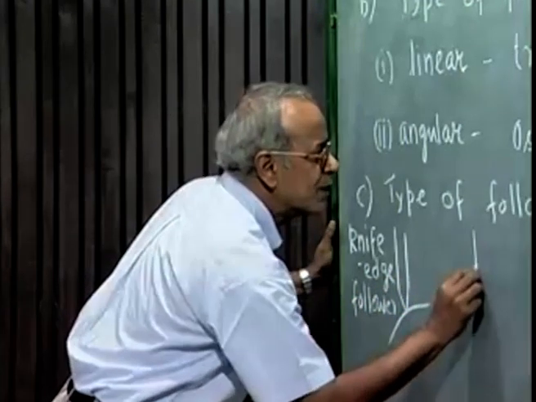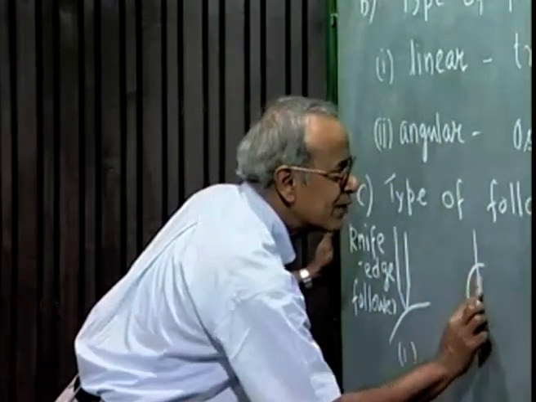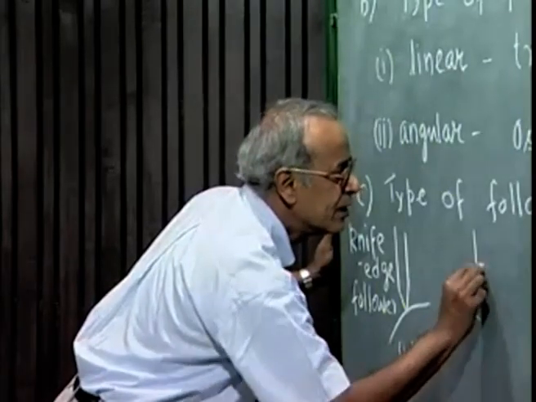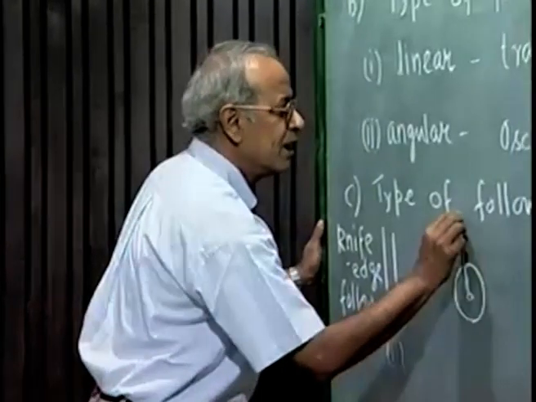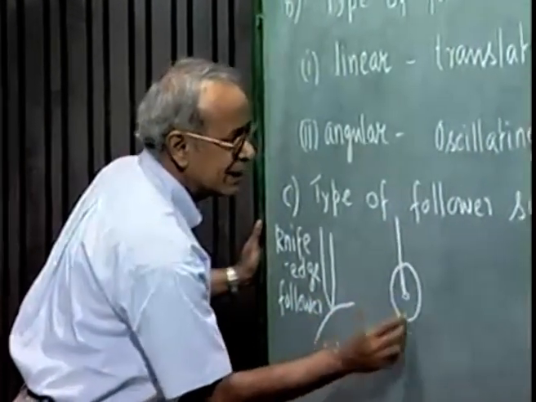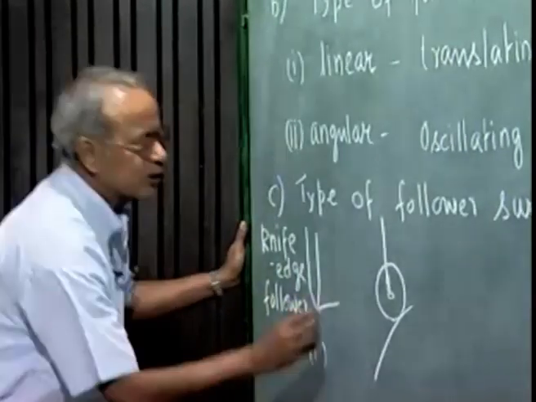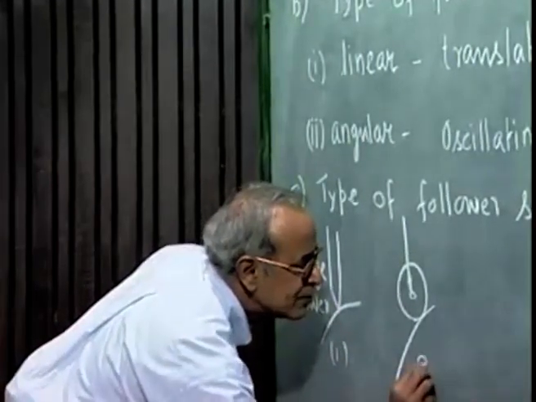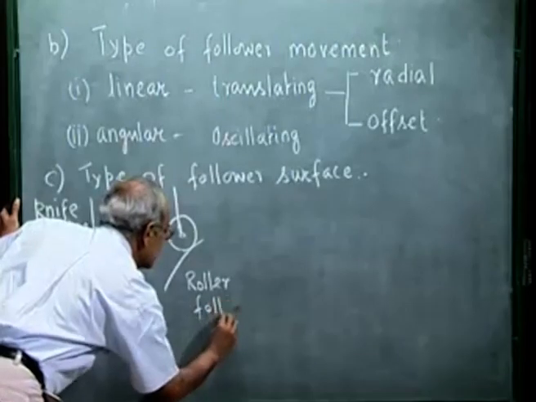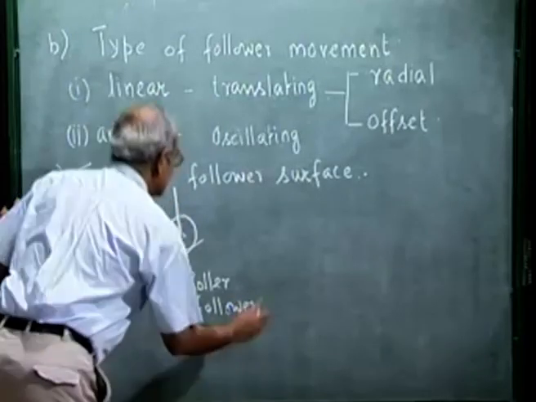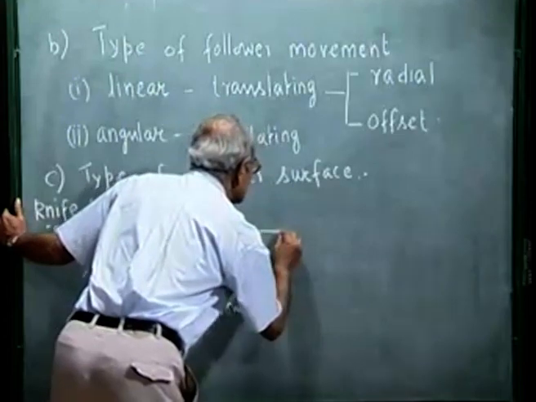The follower surface can be, as we have seen already, the follower is hinged to a roller and this roller is in contact with the cam, as we have seen so far. This is called a roller follower. The follower can also be in the form of a flat face.